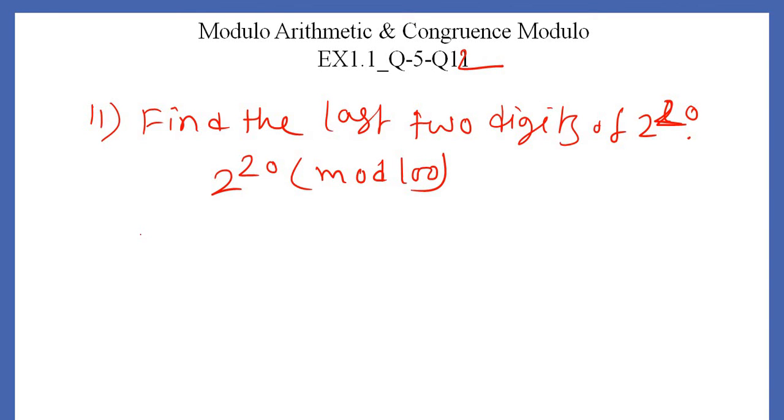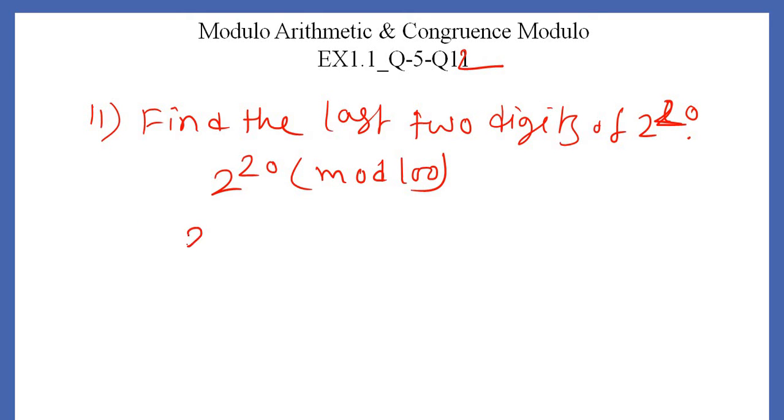Now if you raise the power of 2 that is much lesser than 100, like 2 to the power 1 is 2, right? Then this is less than 100. 2 square is 4, that is also less than 100. 2 to the power 4 is 16, less than 100. 2 to the power 5 is 32, less than 100. 2 to the power 6 is 64, less than 100.